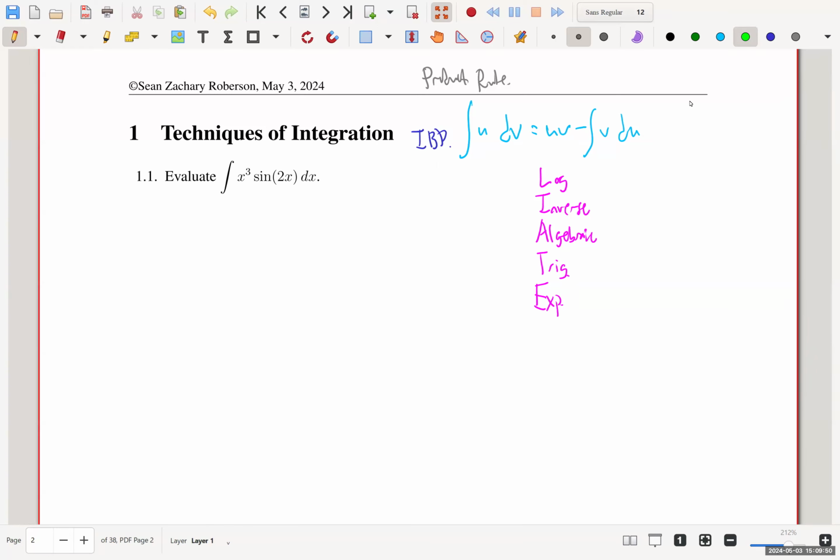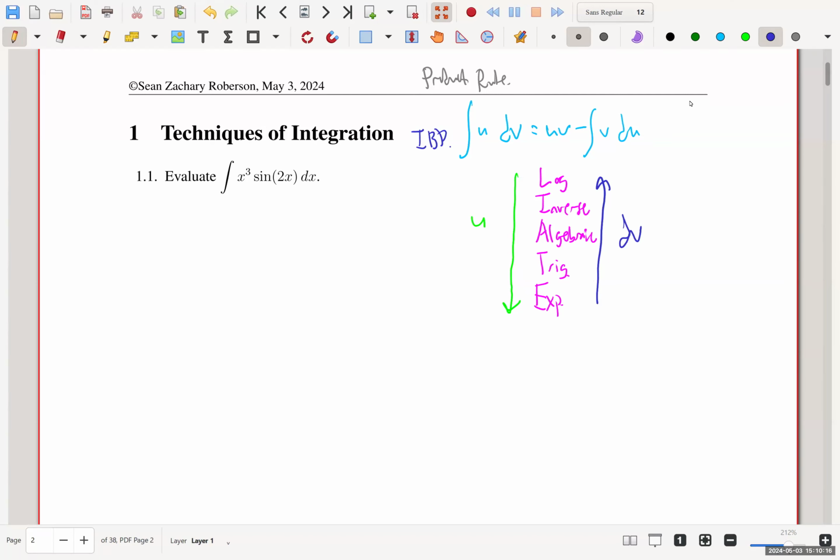When we look at this from the top down, this is how we select our u. And from the bottom up, it's how we select our dv. We all remember this heuristic kind of, right? It gives us a hierarchy, a rule of thumb. It's not set in stone, it just makes it a logical choice, because the idea is you want to reduce your integral into something easier.